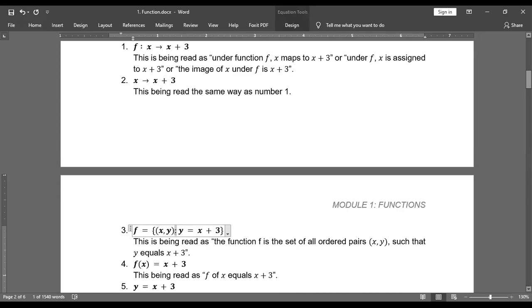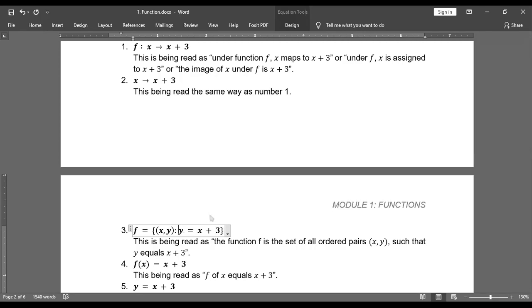So I repeat. The function f is the set of ordered pairs (x, y) such that, so instead of the line yung ginamit natin during the rule form, we can also use a colon, which is read as such that y equals x plus 3.